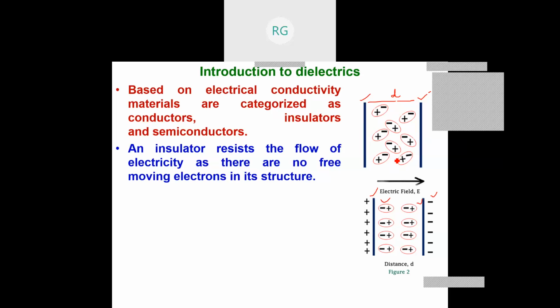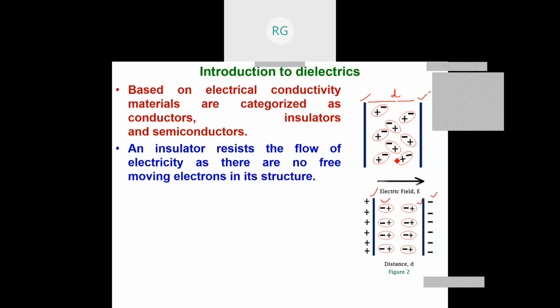And an insulator is one which opposes the flow of electricity through it. This is basically because the material has no free electrons. As there are no free electrons in the material, there is no possibility at available energies or at room temperatures to shift an electron from the valence band to the conduction band.